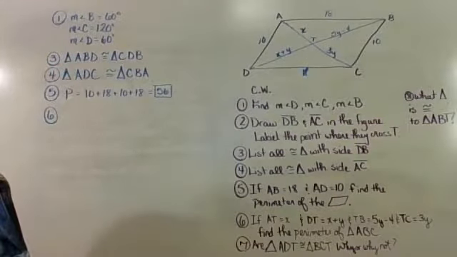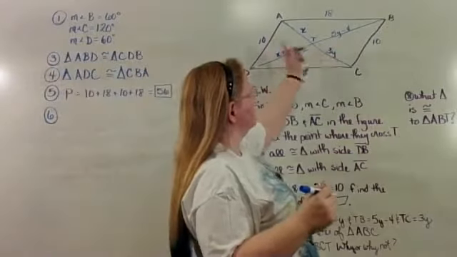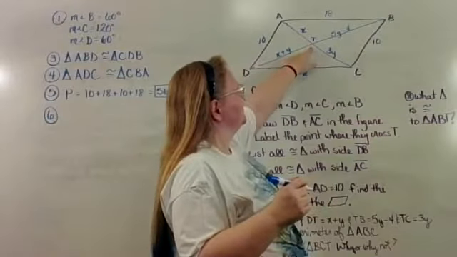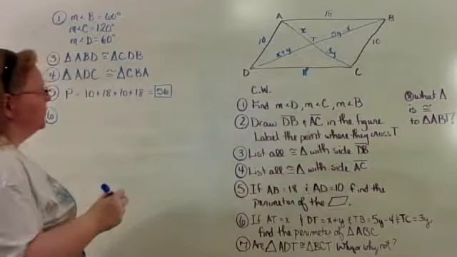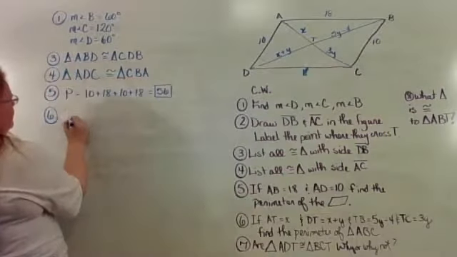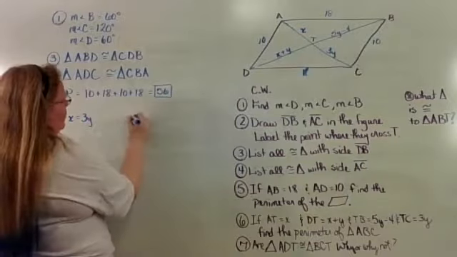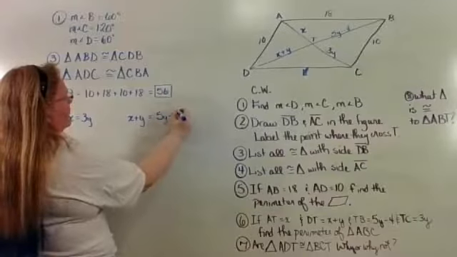Well, this is what I know. I know that when we have two diagonals in here, it has to create some congruent pieces. So x has to be equal to 3y. So I'm going to go ahead and write that. And the other one is x plus y has to equal 5y minus 4.